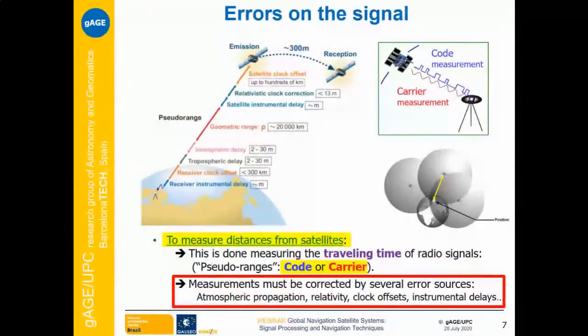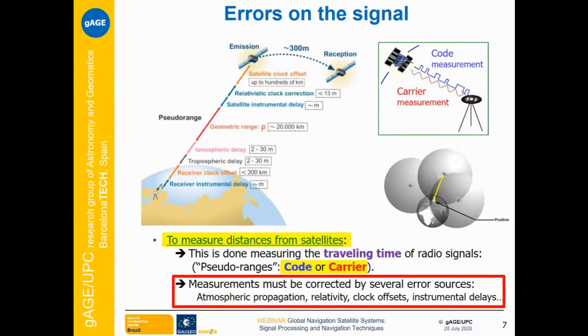In this traveling time, there are many effects that we have to take into account. We have to correct these measurements that are affected by several errors.